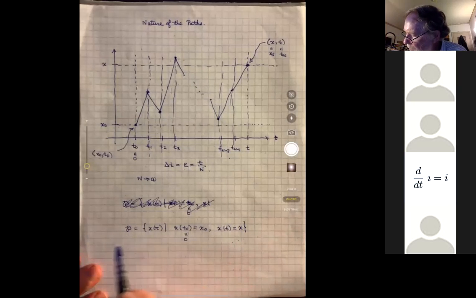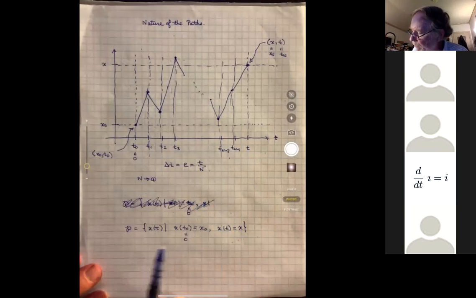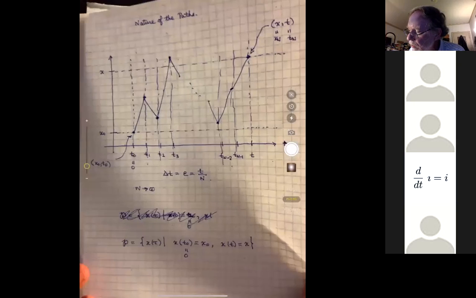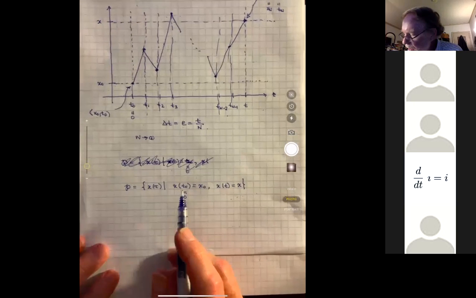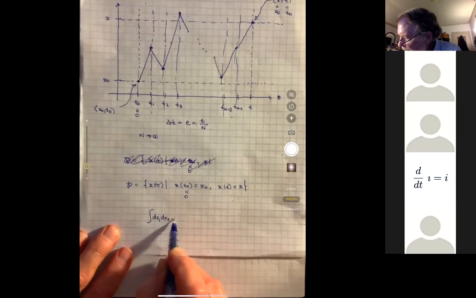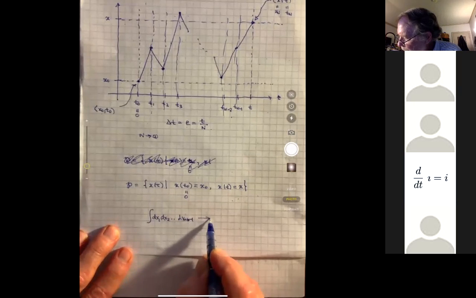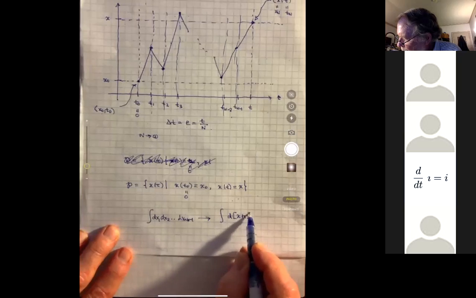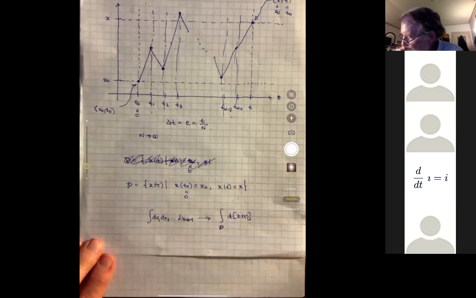So let's think of that space of paths. And in a sense, what's happening in this limit is we're getting an integral over all the space of paths that have these fixed boundary conditions that are allowed to do anything in between. And so that leads to a change in notation, a more compact notation that looks like this. Let's take this integral dx1, dx2 out to dxn minus 1, and let's replace it by a notation that looks like this, an integral over d of a path x of tau, where it's understood that the paths x of tau are taken over the path space P, which is indicated here.